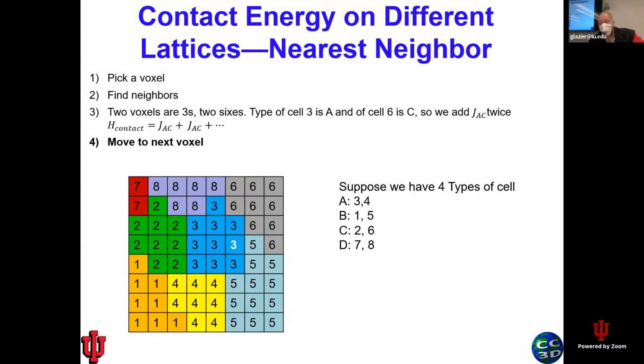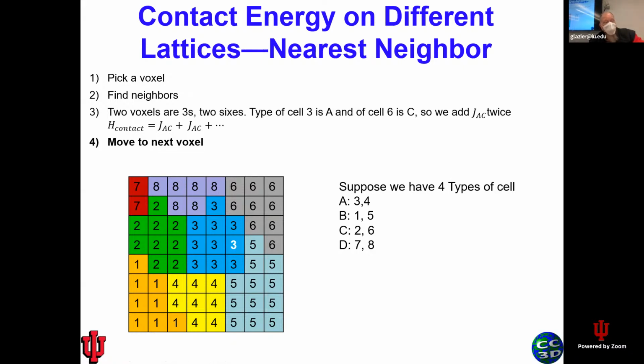Now I pick another voxel in my cell. Here I pick this voxel here, 3. So I'm still of type A. And now somebody tell me how many nearest neighbors do I have that are not of my own type, in my own cell, sorry, for 3, this one.